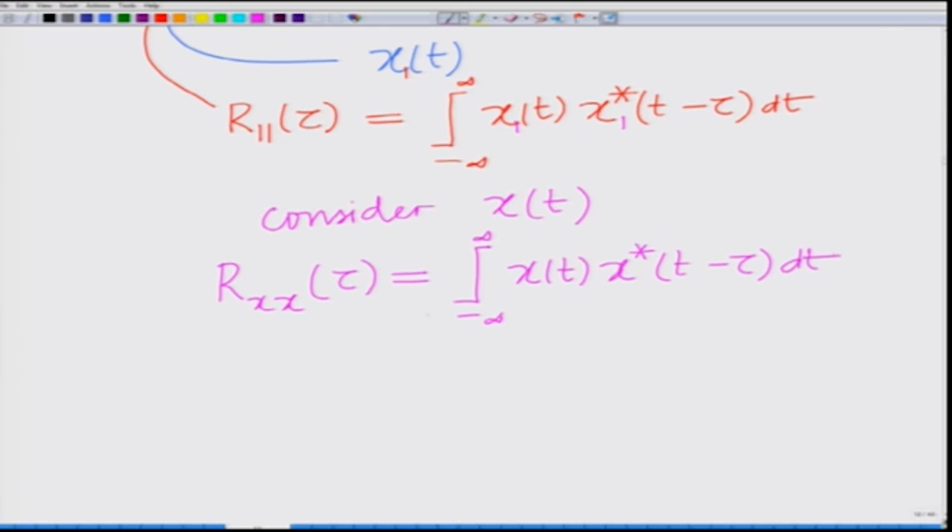We have seen this is also equal to x(t) convolved with x conjugate of minus t.